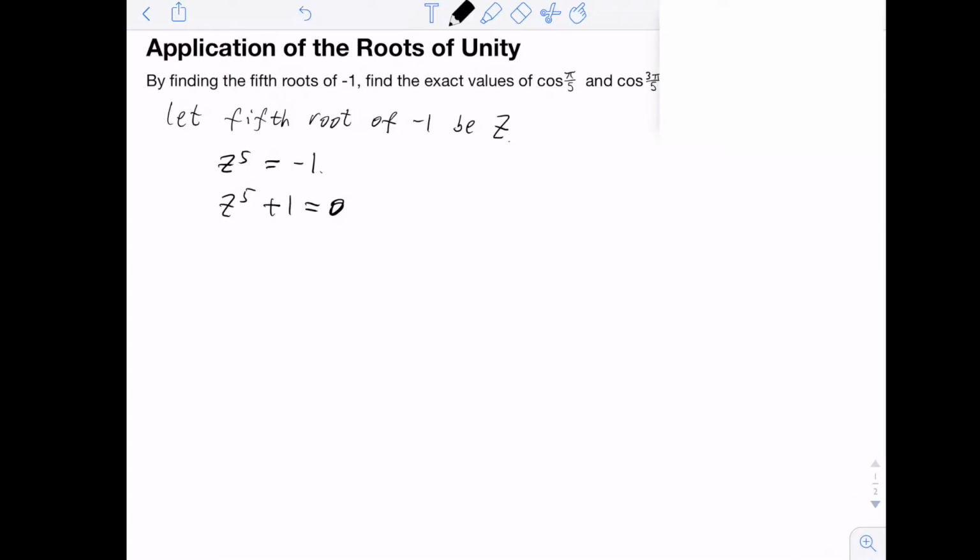To find the fifth root of -1 using complex numbers, I'm going to use de Moivre's theorem with these formulas.